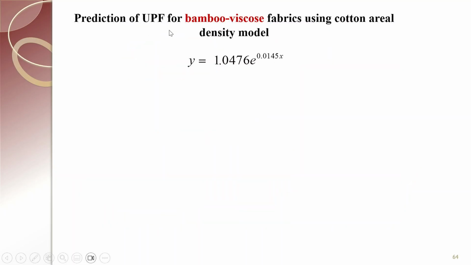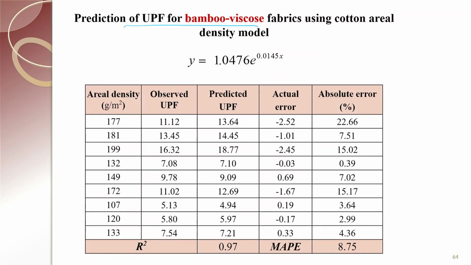So, this is the cotton model. Now, we want to predict the UPF of bamboo viscose fiber. Here we see the areal density of bamboo viscose fiber fabric and the observed UPF, and using this model we predict the UPF here.